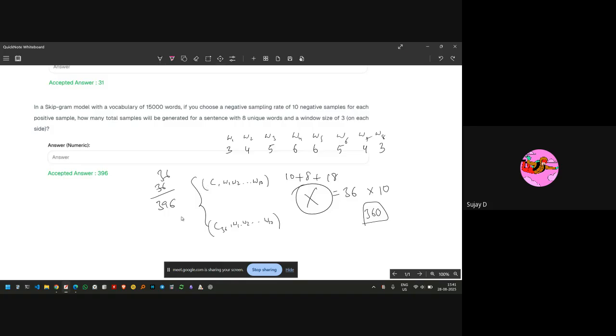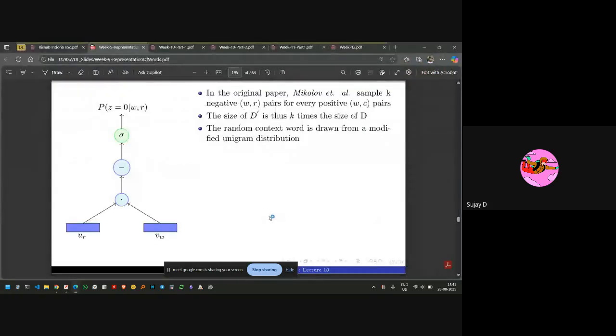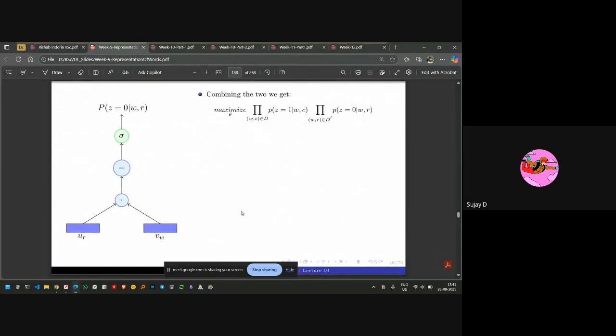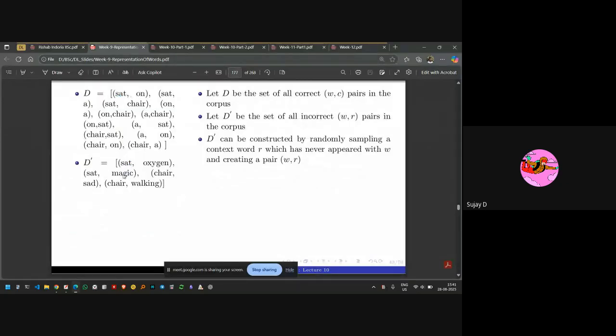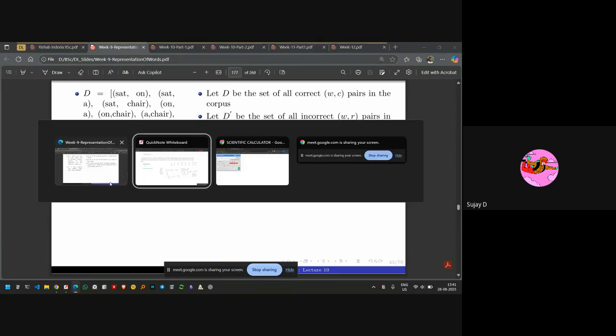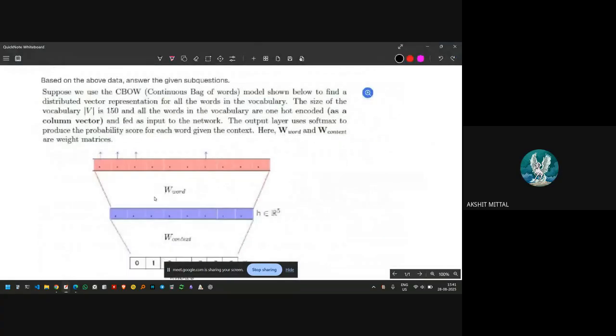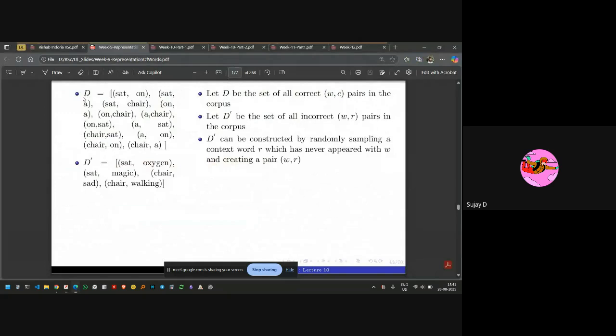Shall we go to the next question? Yes. Maybe this is shown here. I missed it actually. See, like this. For each one, we have to make a tuple by picking one from here and k from here, D prime. Can you please explain that? This is D, correctly sampled. D prime is incorrectly sampled. When we make pairs, we are making a tuple.